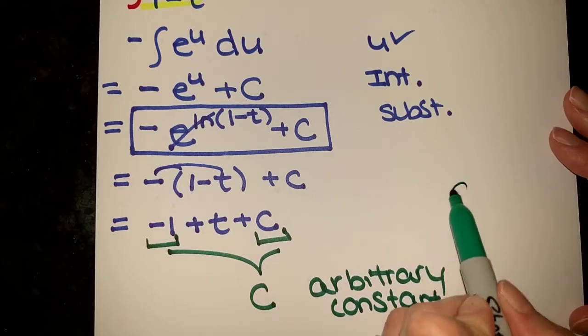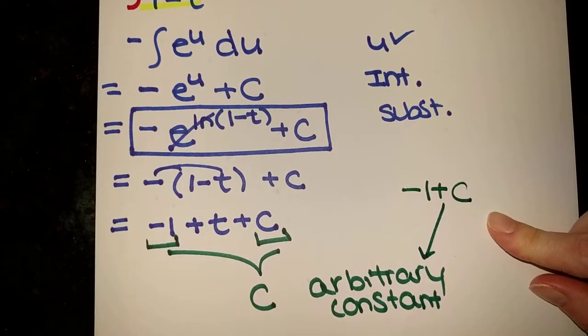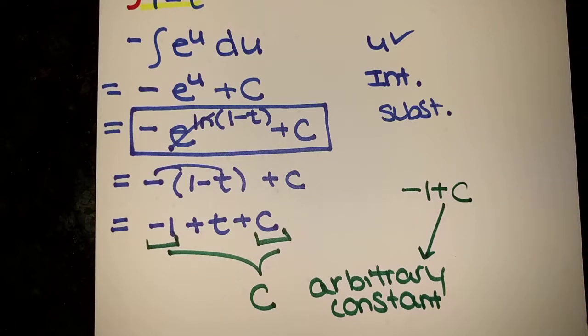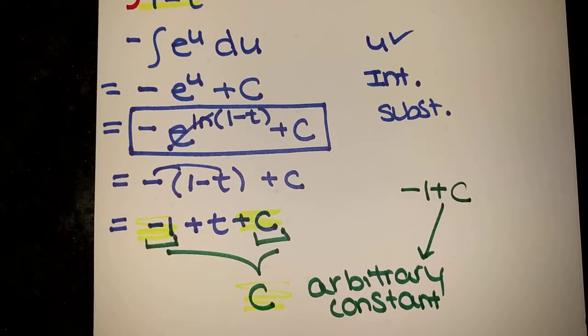So the idea is to combine negative 1 plus c as just one big arbitrary constant, and then say that the function part of it is t. So that could integrate as t plus c. But this little trick of combining everything as one arbitrary constant, that is a trick. I'm not going to ask too much about that on the test, but it's good to be aware of it, of course.